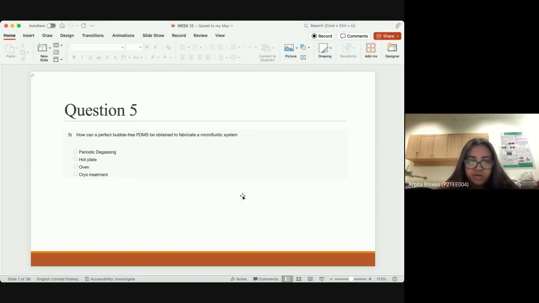How can a perfect bubble-free PDMS be obtained to fabricate a microfluidic system? First option is periodic degassing, second option is the hot plate, third option is the oven, and fourth option is the cryo treatment. So go through the question carefully and find out the right option.